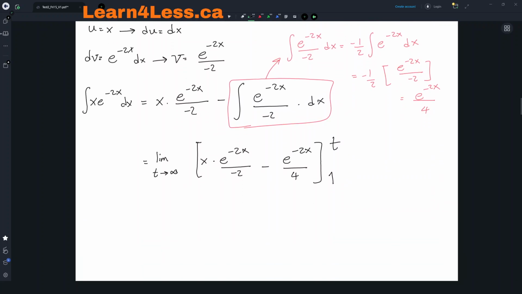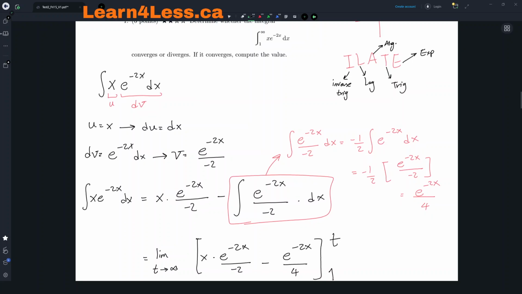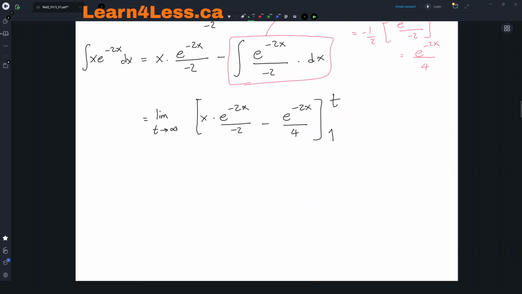So instead of writing infinity as an upper bound, we put a parameter like a, b, c, or whatever you like, and take the limit as that variable goes to infinity. If it was negative infinity, it would be negative infinity, or maybe other points that make the integral improper.